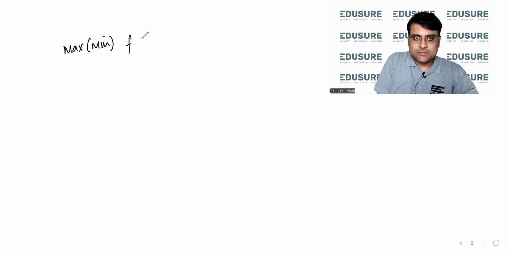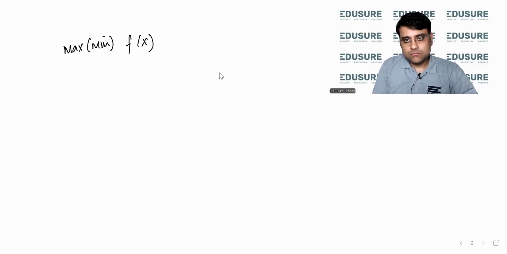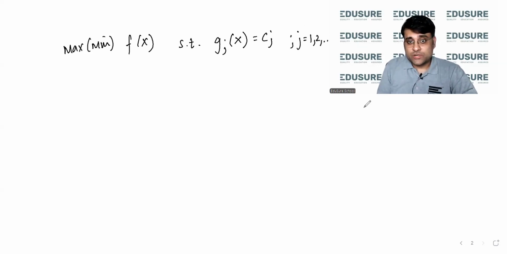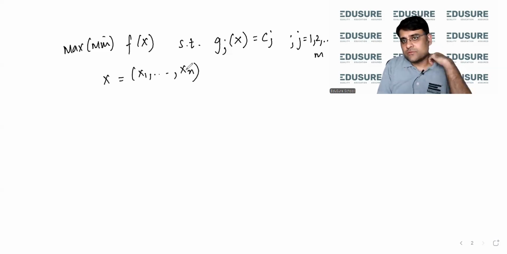Let's call it f(x). And now the constraints are multiple, subject to g_j(x) = c_j, where j is equal to 1, 2 up to m. There are m constraints, okay?